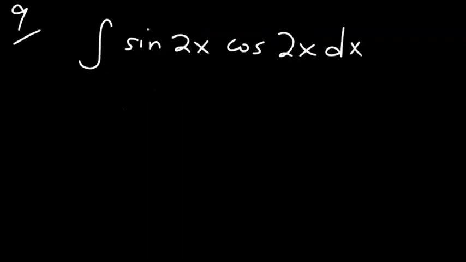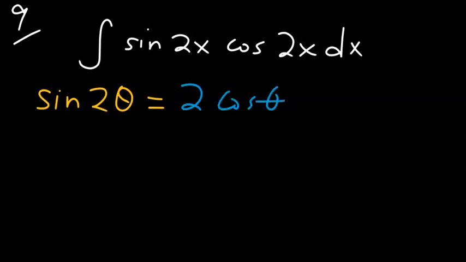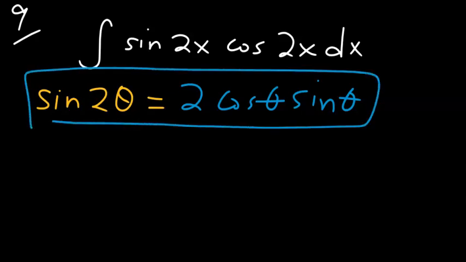What about this integral? One particular identity in trigonometry is sine 2 theta is 2 cosine theta sine theta. So if we use this identity in this integrand, you see that the integral above can be rewritten in the following manner.